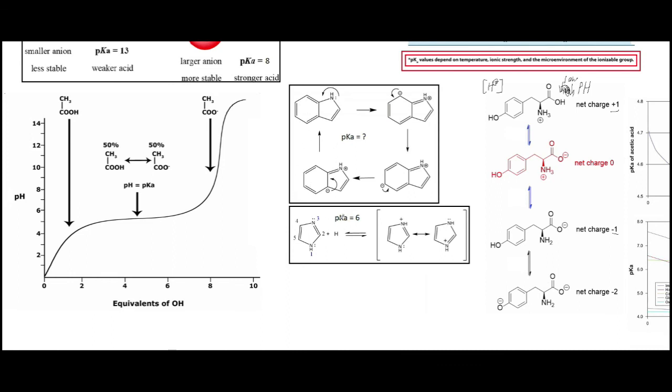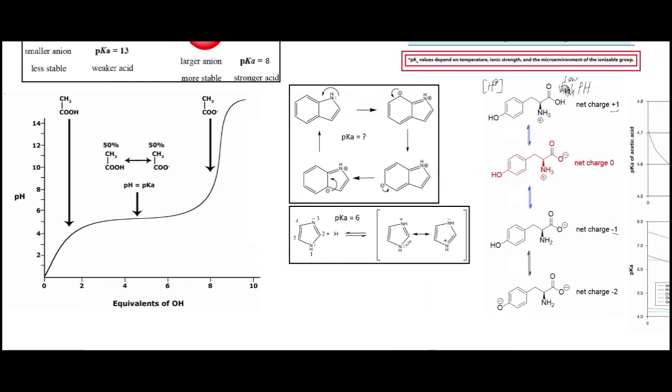And so right here, once again, we're just looking at the imidazole from histidine, and we see that it has a pKa of 6, and when it's protonated, it has this resonance here.